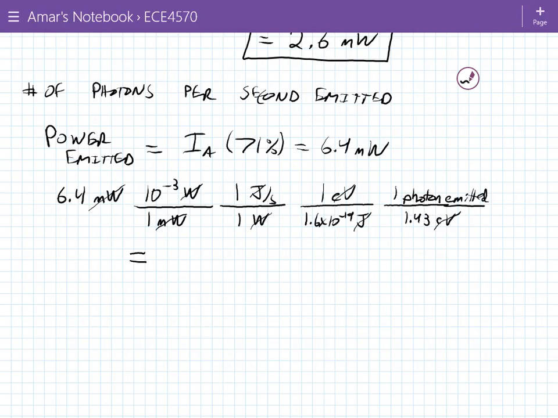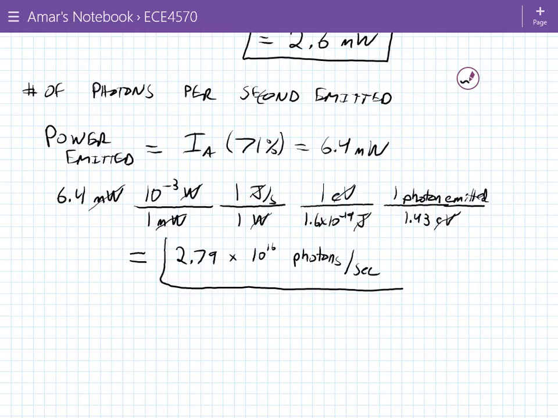Okay, thank you. 2.79 times 10 to the 16th photons per second. That's a lot of photons. 2.79 times 10 to the 16th. This is the final answer here.